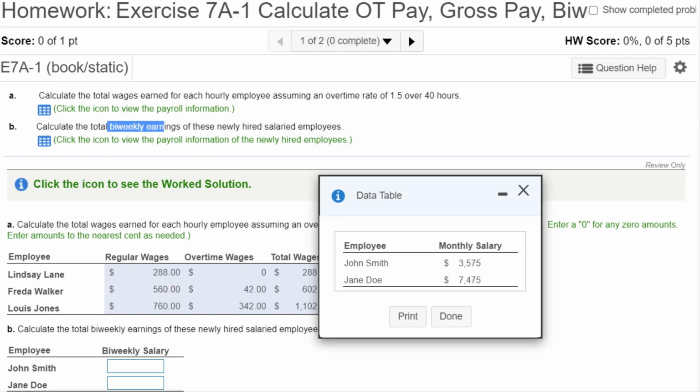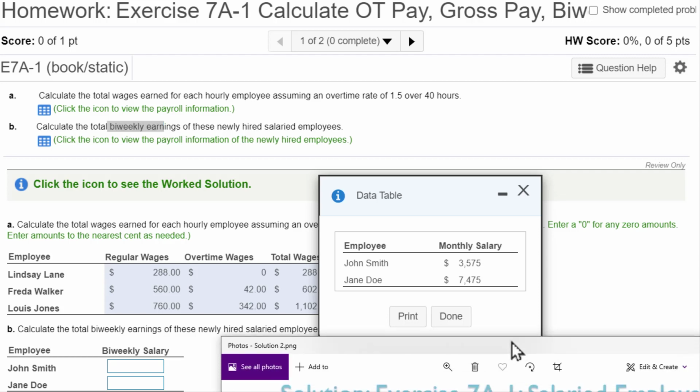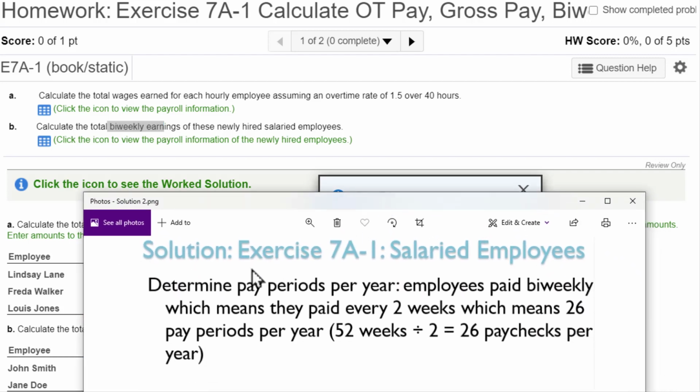Our first task is to figure out how many paychecks there are in a year. If employees are paid bi-weekly, that means they're paid every 2 weeks. So how many paychecks in a year? Well, we take 52 weeks divided by 2, which gives us 26 paychecks per year.